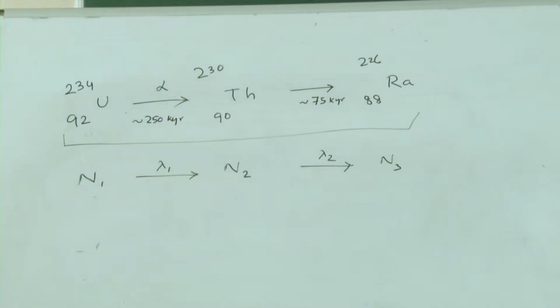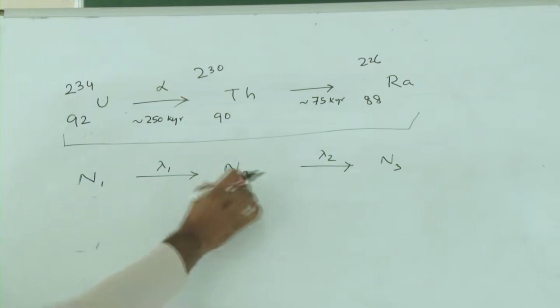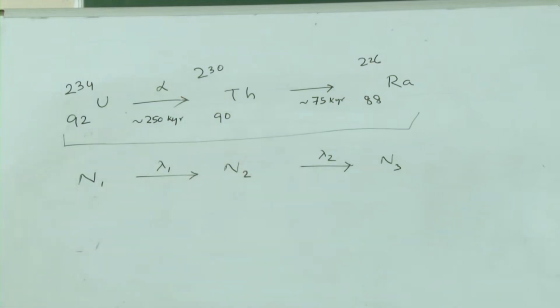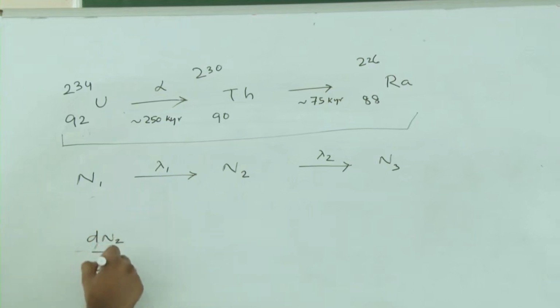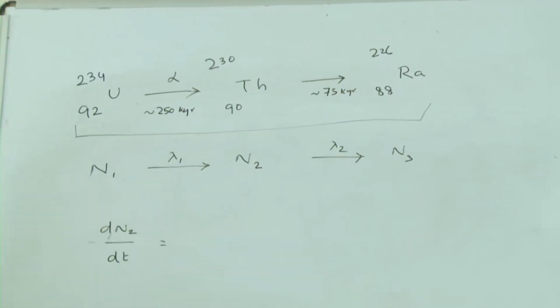We need to find out the rate of change of N2 over a period of time, and that rate of change of N2 at any point of time will depend on two things.